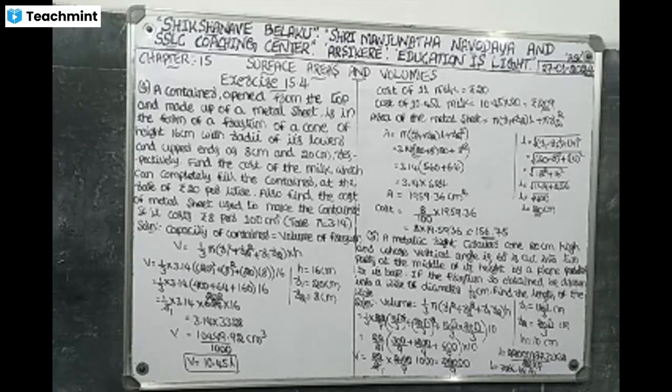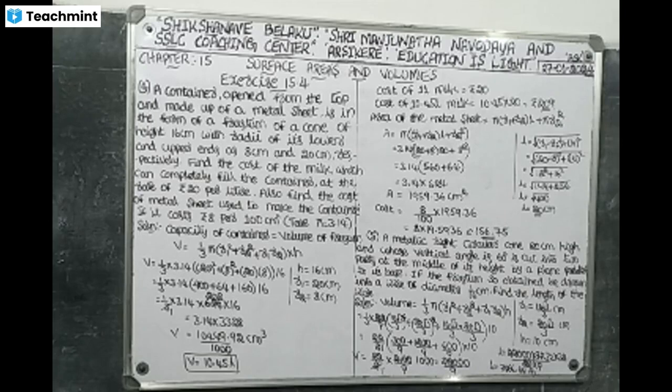Solution for this: the capacity of the container is equal to the volume of the frustum. Formula: V is equal to 1 by 3 pi h times (R1 square plus R2 square plus R1 into R2). V is equal to 1 by 3 into pi value 3.14, bracket R1 square, 20 square.